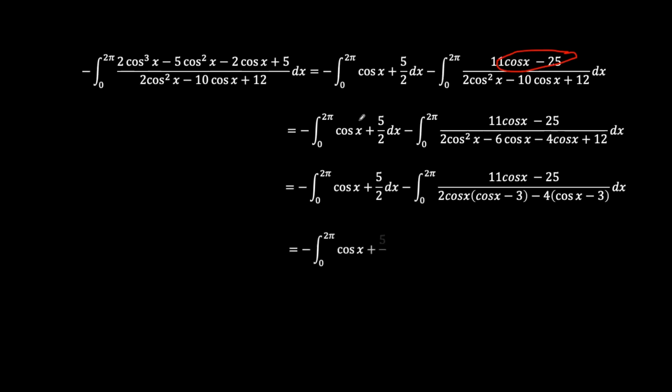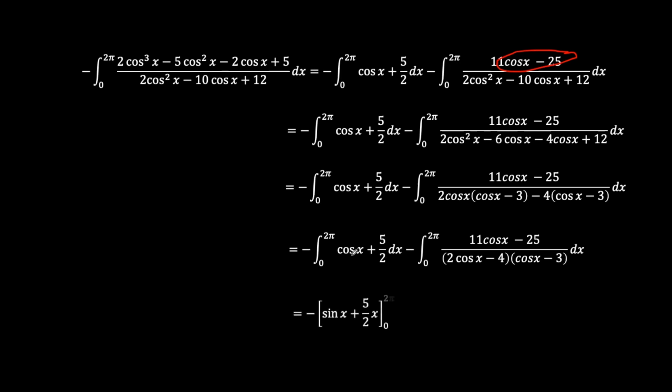So we can also go about by factorizing the denominator, and that becomes 2 cosine x minus 4 times cosine x minus 3. So integrating this first part, cosine x becomes sine x, 5 over 2 becomes 5 over 2 x. Then we have 0 to 2 pi as our interval.